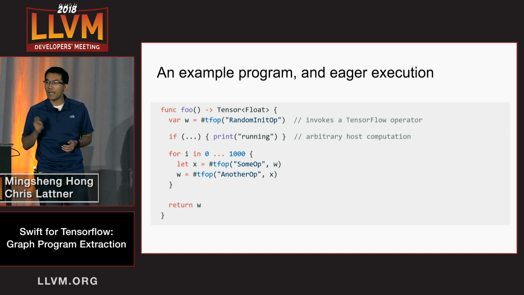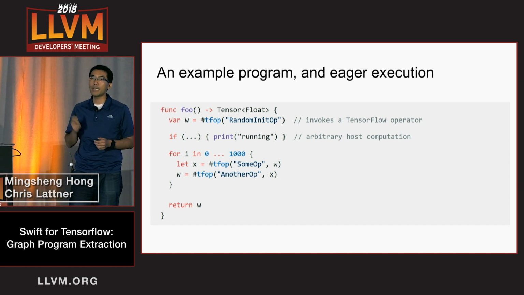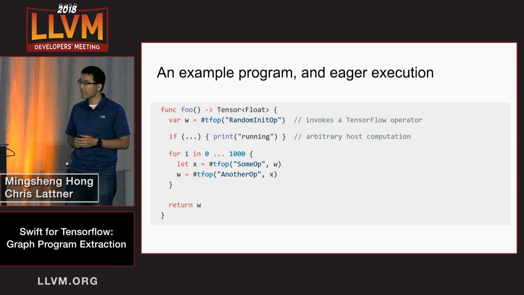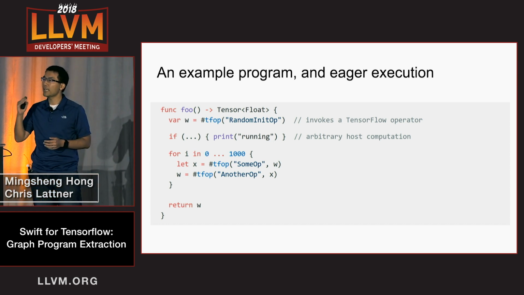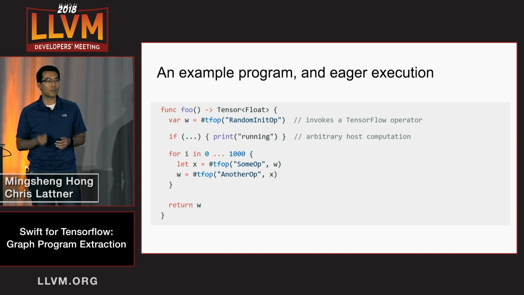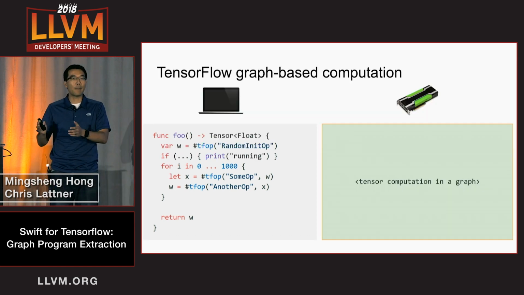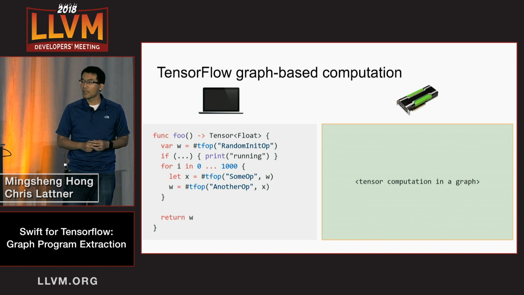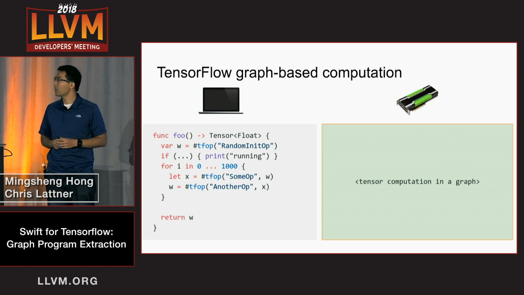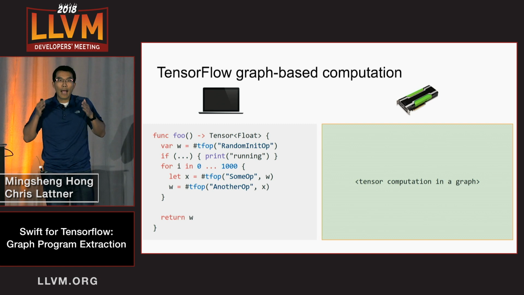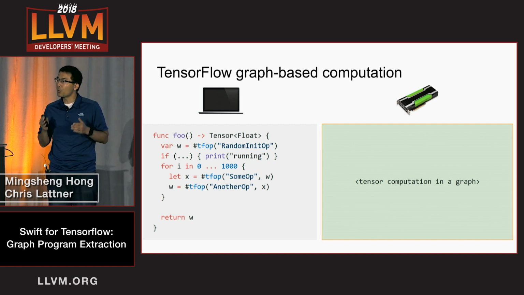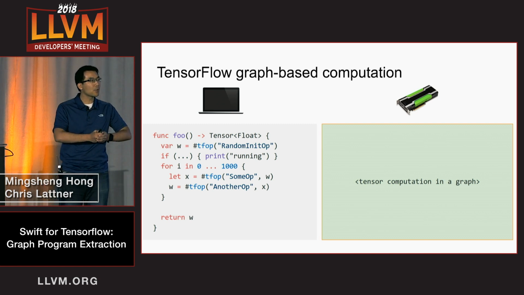One option is, as Chris introduced earlier, eager execution. In that mode, we dispatch each tf_op individually to TensorFlow, and if needed, we get the results back to the host. So eager mode is really easy to work with. But if you want higher performance, then you want to dispatch a larger chunk of tensor computation all at once.